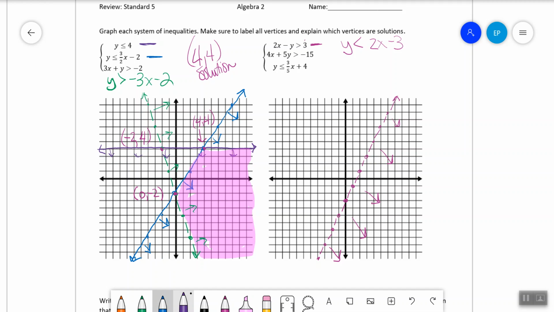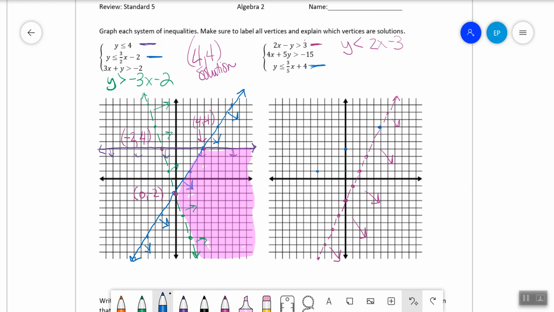Next equation, graph this bottom one here, plus 4. So I'm going to go up to 4, that's 1, 2, 3, 4. And my slope is 3/5, so I'm going to go up 3 over 5, down 3 over 5.